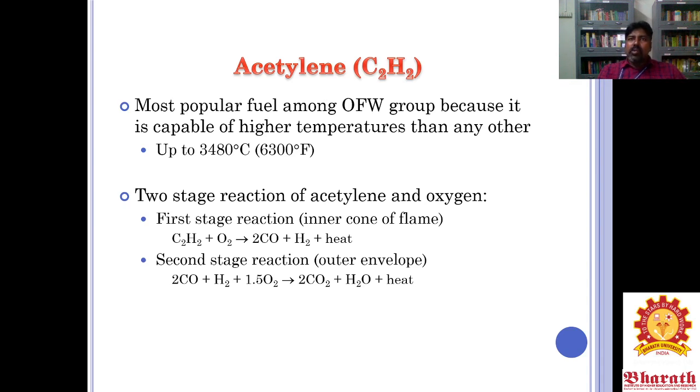It has two zones: one sharp bright inner cone, and one bluish outer cone. So what is the purpose of those zones? The inner cone develops heat to melt the metal. The maximum temperature of the neutral flame is obtained at the inner cone, which is about 3200 to around 3500 degrees centigrade, right?